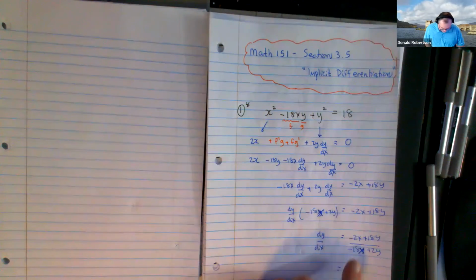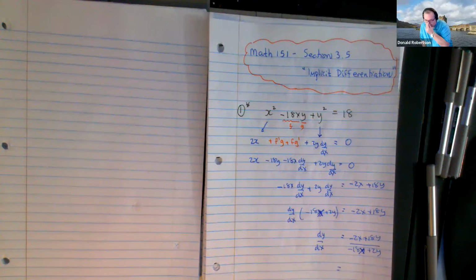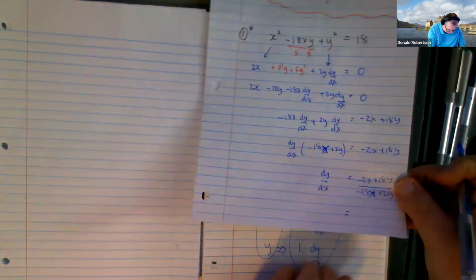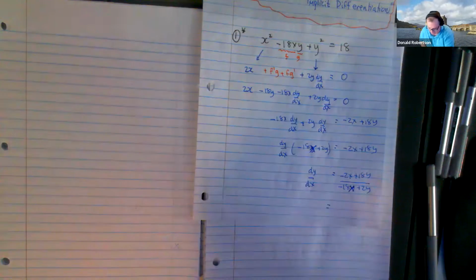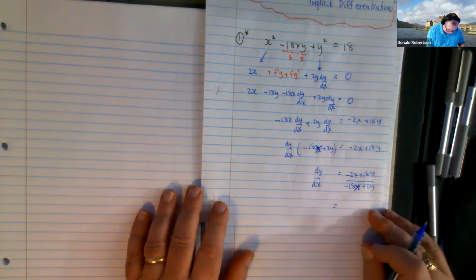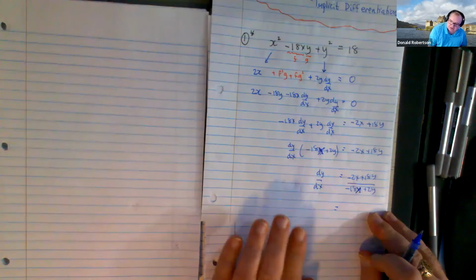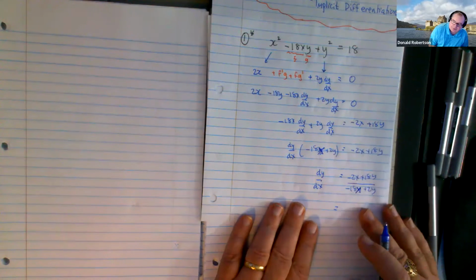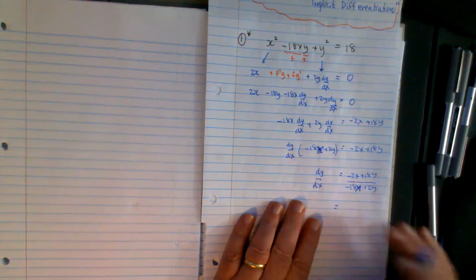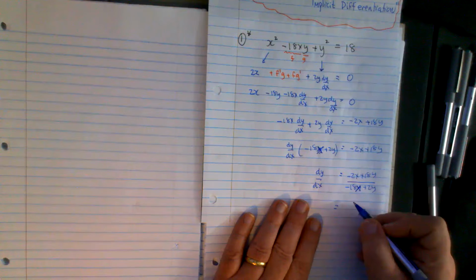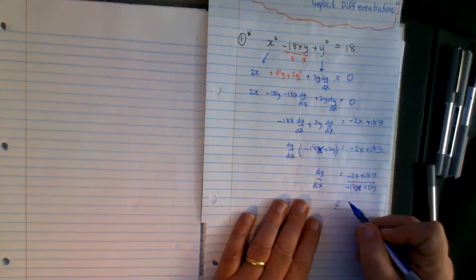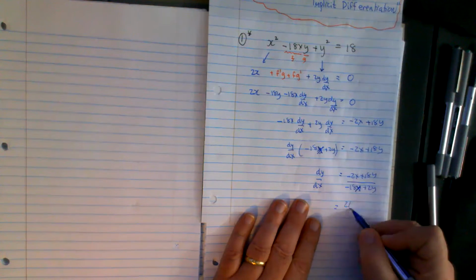Right, back to the question here. Is there anything you can do to this to make it pretty? Because there is. You can factor 2 out, and I'll try and do that.